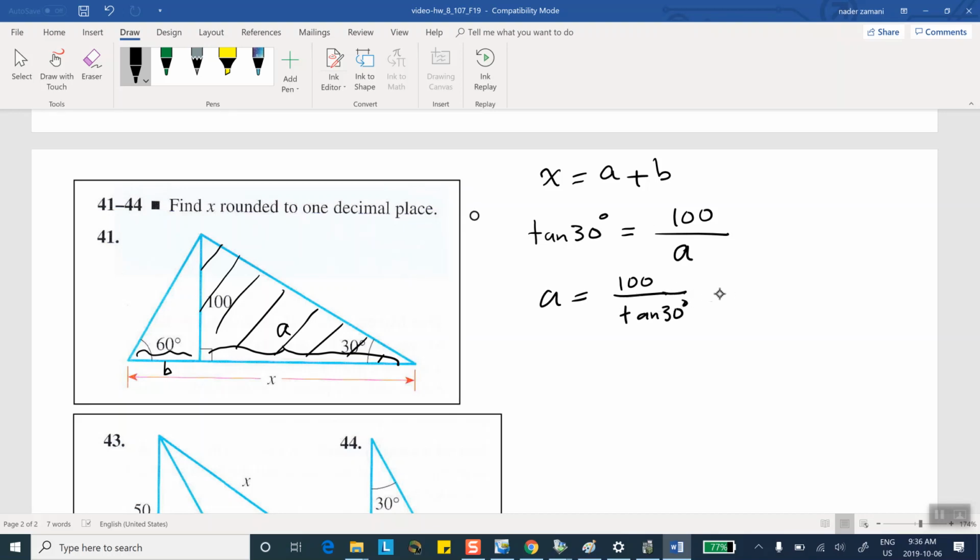And you can put this in your calculator, but I also want to remind you that this is an important angle. You should have known what the value is, root 3 over 3. But anyway, I'll put it in the calculator.